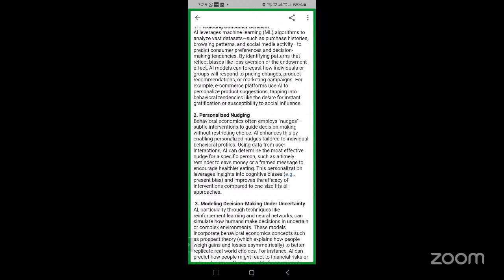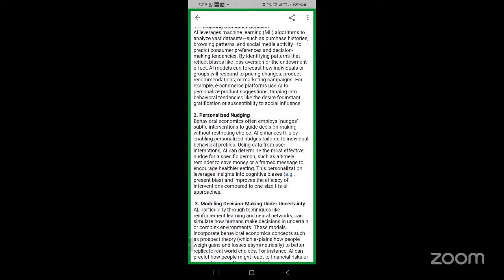AI can determine the most effective nudge for a specific person, such as a timely reminder to save money or a framed message to encourage healthier eating. AI can give this knowledge to the consumer. This personalization leverages insight into cognitive biases, for example, present bias, and improves the efficacy of interventions compared to one-size-fits-all approaches.